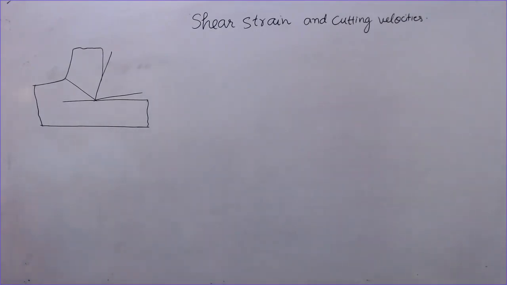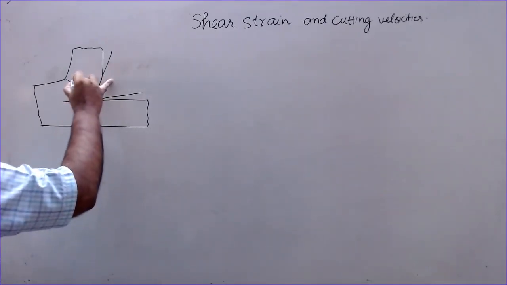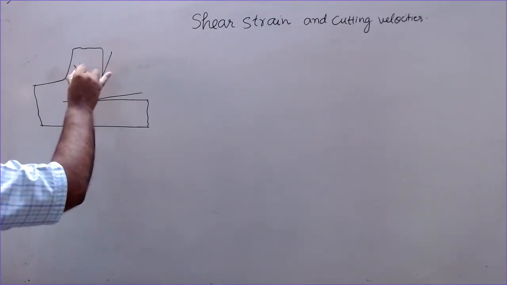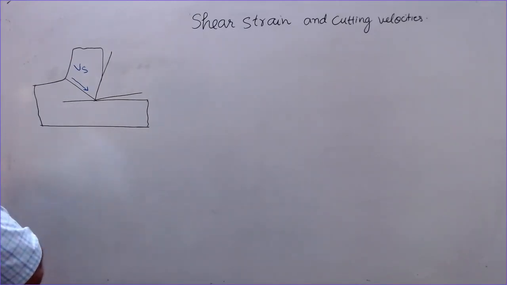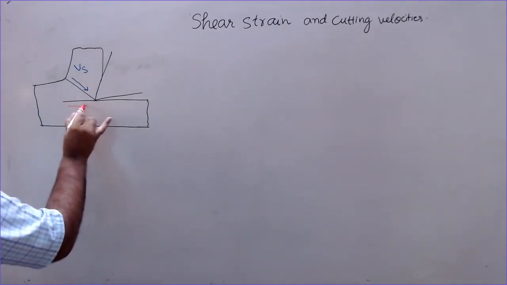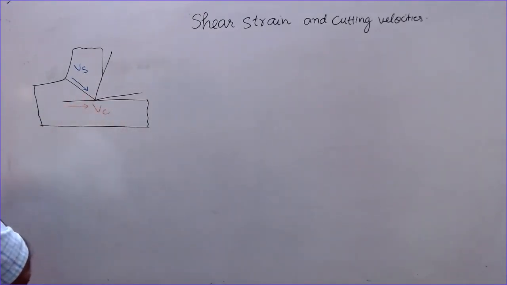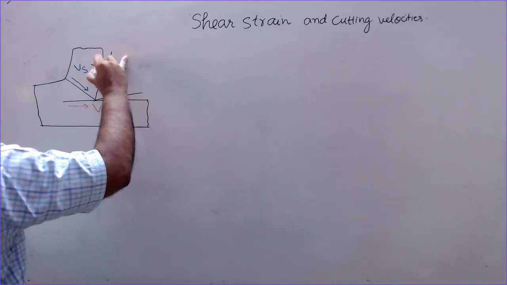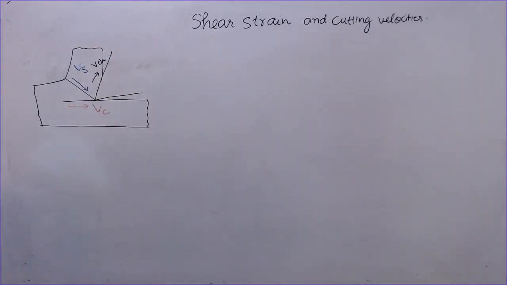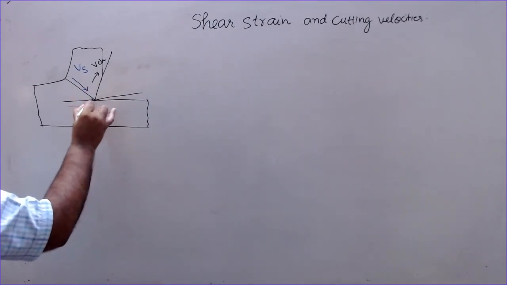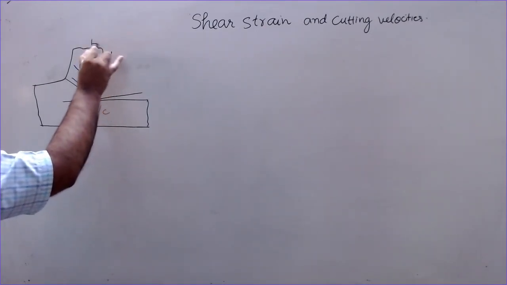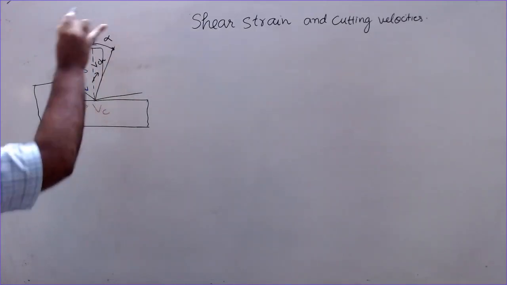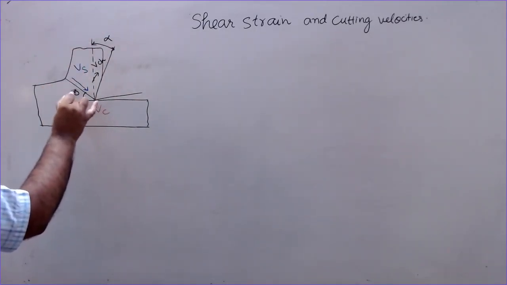So we have different velocities. The velocity of shearing along this, the shear velocity, the cutting velocity in this direction, Vc, and the third is the chip velocity, V chip, in this direction. Now this angle is the rake angle alpha, and this angle is phi.